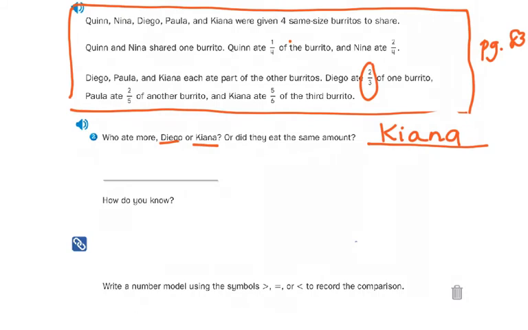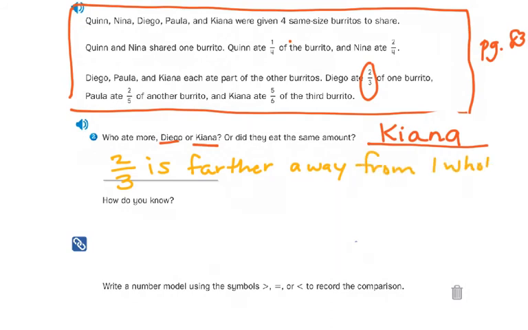Well, I could say that 2/3 is farther away from one whole, for the whole number 1, than 5/6. Or, if you wanted to, you could show that you found an equivalent fraction, and that 4/6 is less than 5/6.